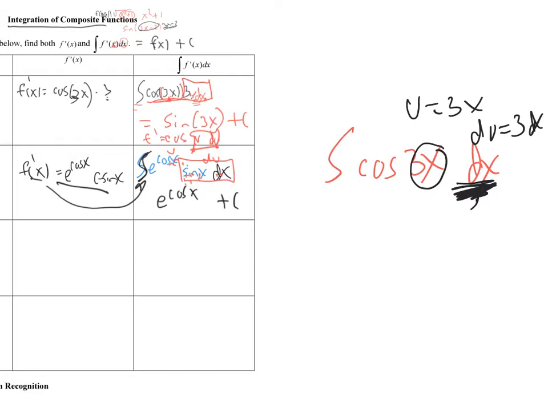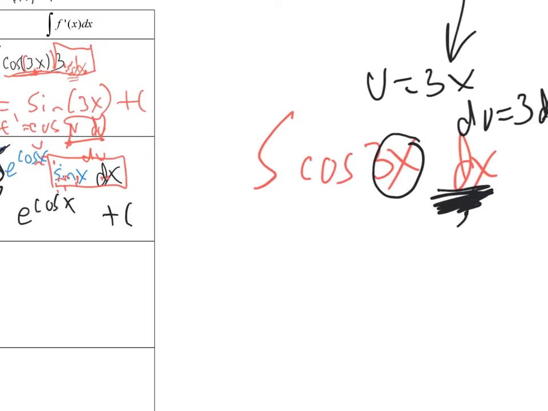We can fix this one. Don't fear. We still could do this problem. We would just have to play magic and say, well, what if I multiplied this by a 3? Is that legal? It certainly is, as long as I counterbalance it by dividing the whole thing by 3.